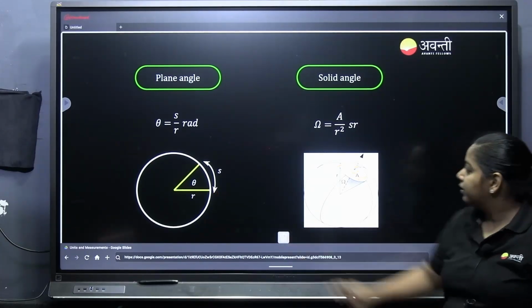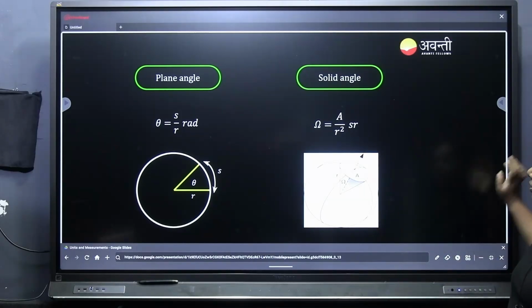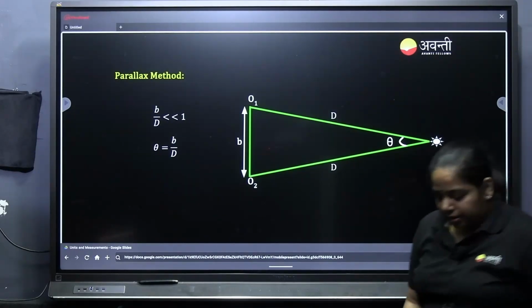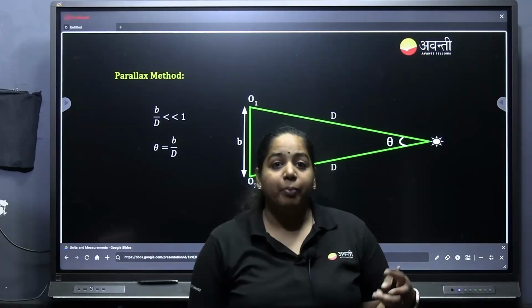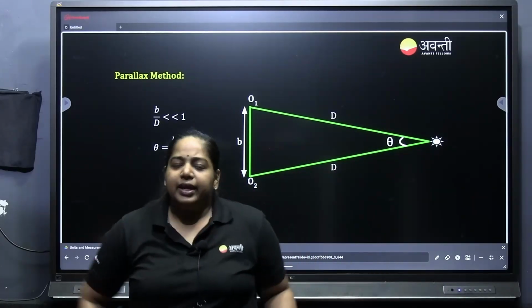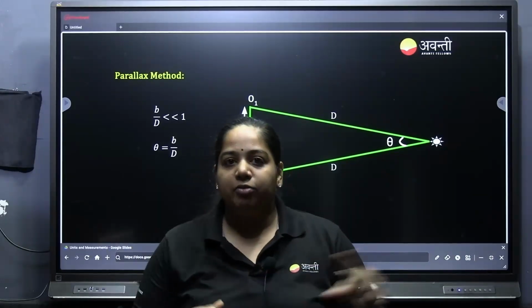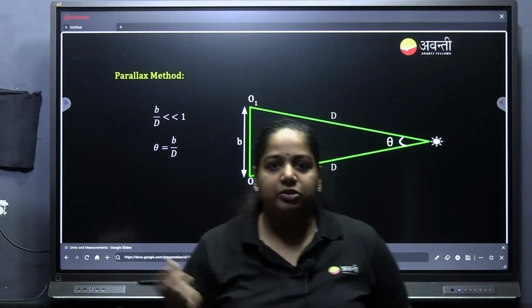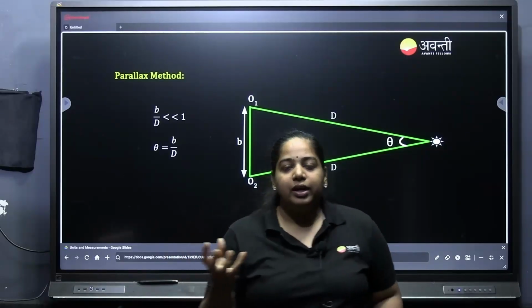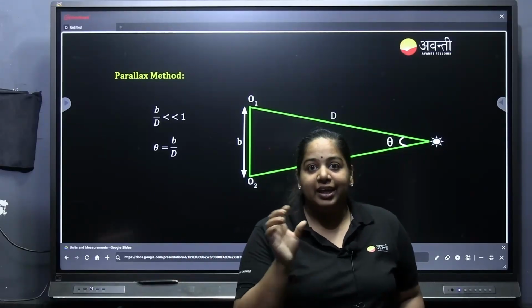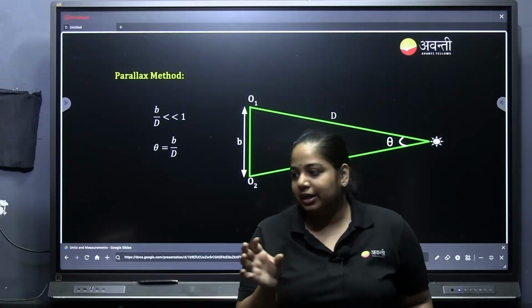Now let's see. For measuring, you must have heard of the parallax method. I think in 12th you were doing a practical, optic bench, where you have to find the focal length of a lens. There you found the image using the parallax method, right?